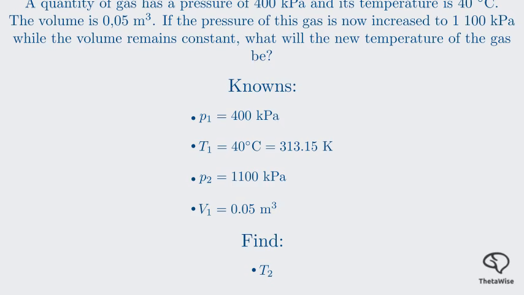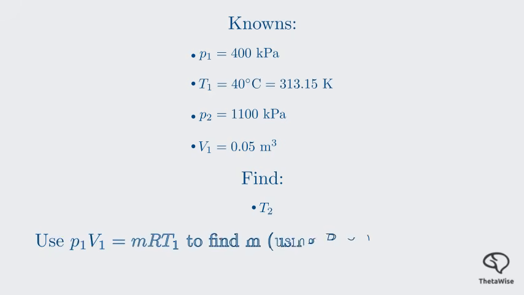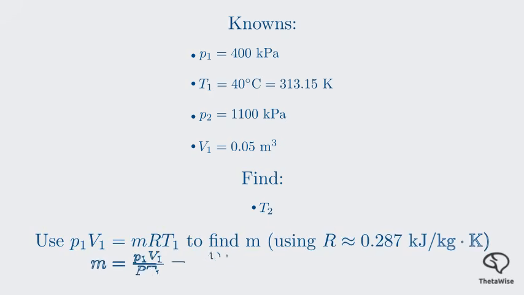First, the solution calculates the mass of the gas using the ideal gas law at the initial state. Let's assume we have the gas constant R. For air, R is approximately 0.287 kJ/kg·K. Using P1V1 equals mRT1 and solving for m, we find the mass of the gas is 0.219 kilograms.